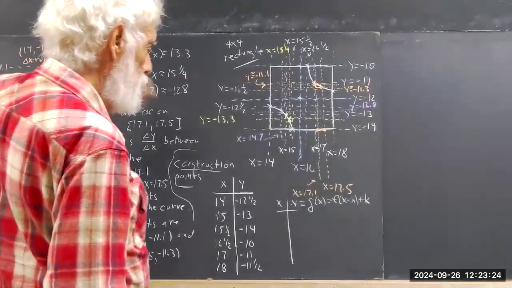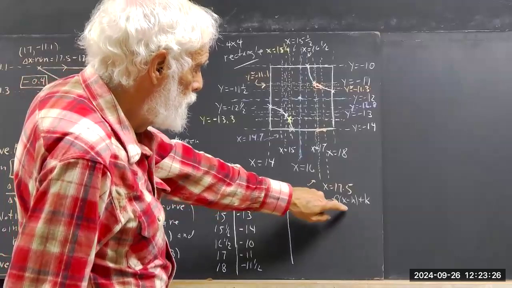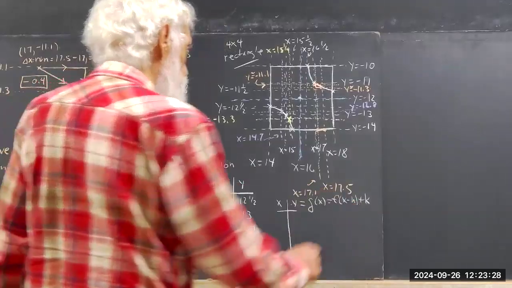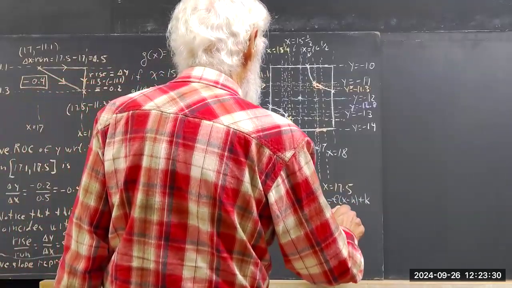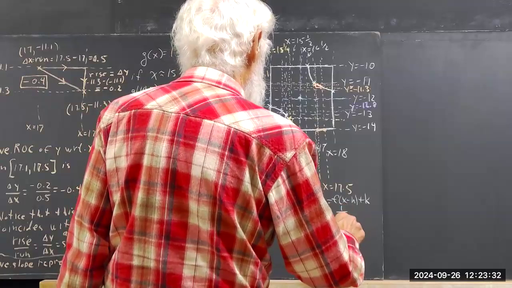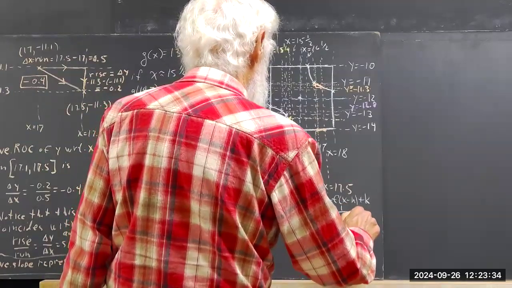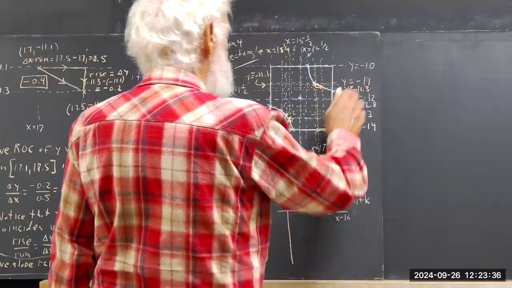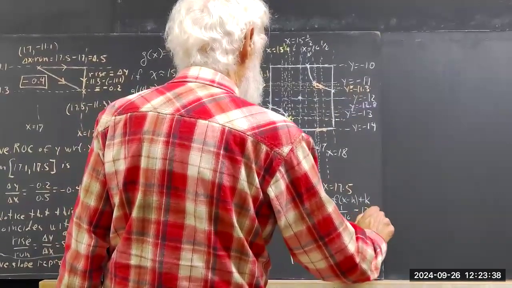I want to remind us of everything. y is g of x, which is f of x minus h plus k, which in this case is 1 over x minus 16 plus the negative 12, so it'd be minus 12.